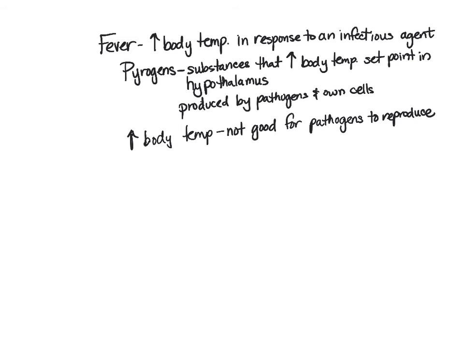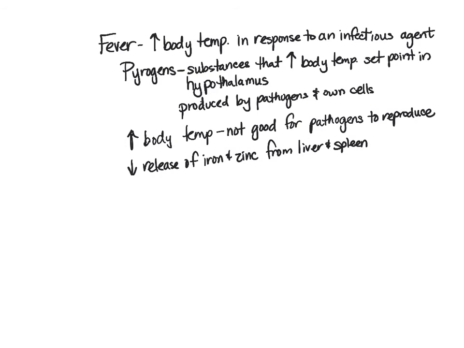Also, what this can do is it actually inhibits the release of iron and zinc from the liver and the spleen. So it decreases the release of iron and zinc from the liver and the spleen.